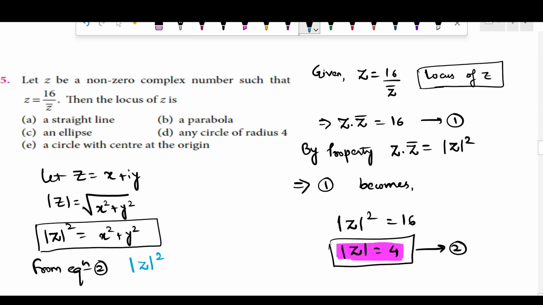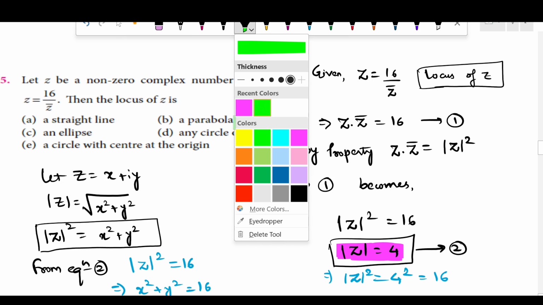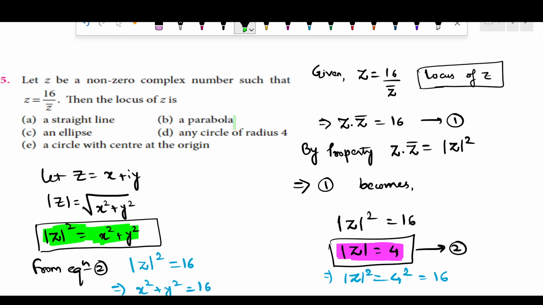Mod z square is 16. Why? As mod z is 4, then mod z square is 4 square, which is 16, which implies that x square plus y square equals 16, since mod z square was x square plus y square. We place this over here, right?